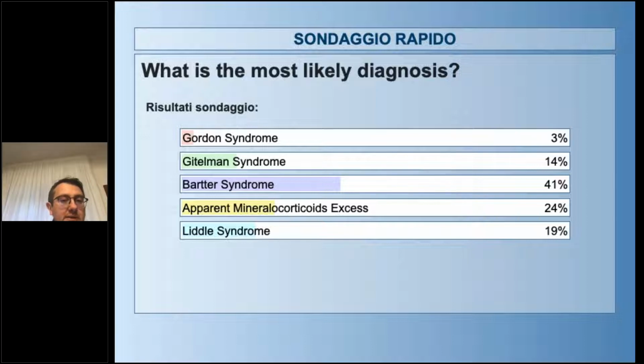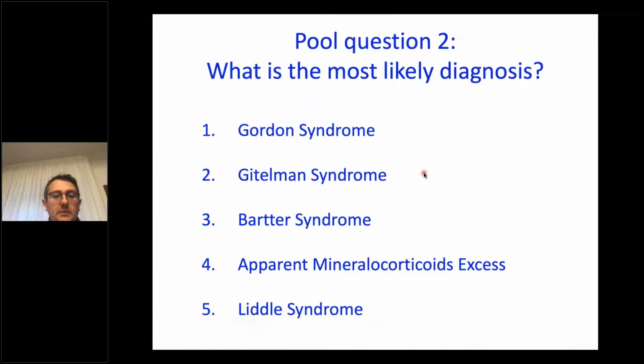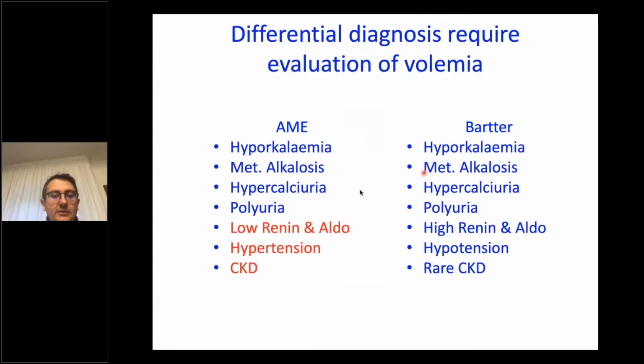Gordon syndrome, as we spoke before, is associated with metabolic acidosis and hyperkalemia. So this is important because usually it is a differential diagnosis that can be challenging in these young babies.